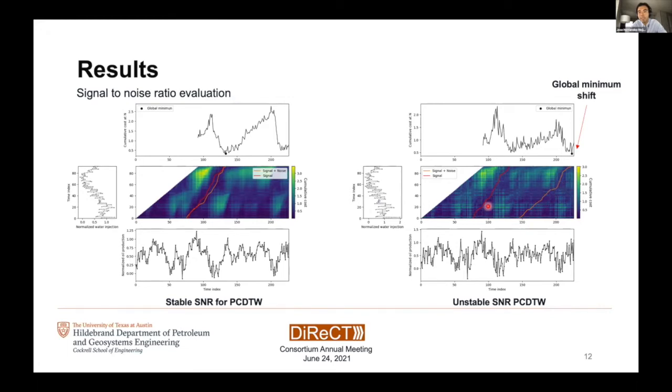Here the red line is just the noise-free signal, as a reference. So you can see the impact of the noise against a reference case. In this case, this is a stable case right before it becomes unstable. You see that this level of noise is also making an impact on the warping path, but there is not a significant difference compared with the case when we have a pure signal without any noise.